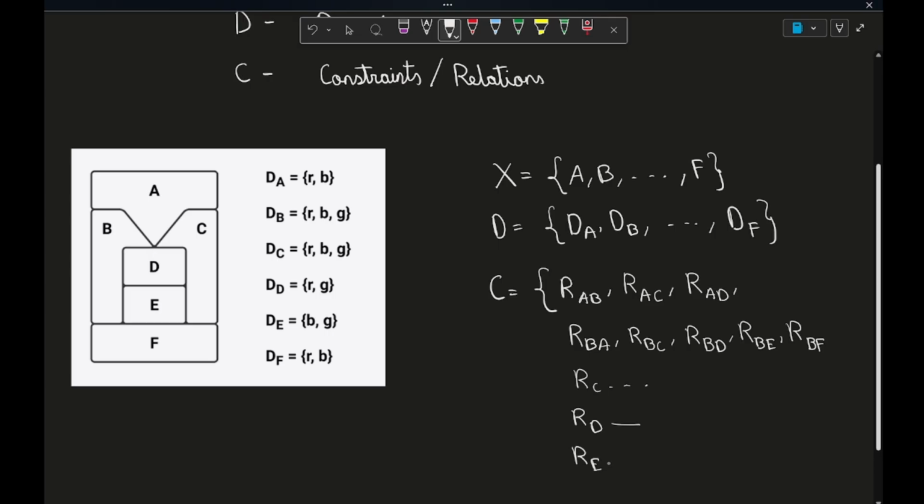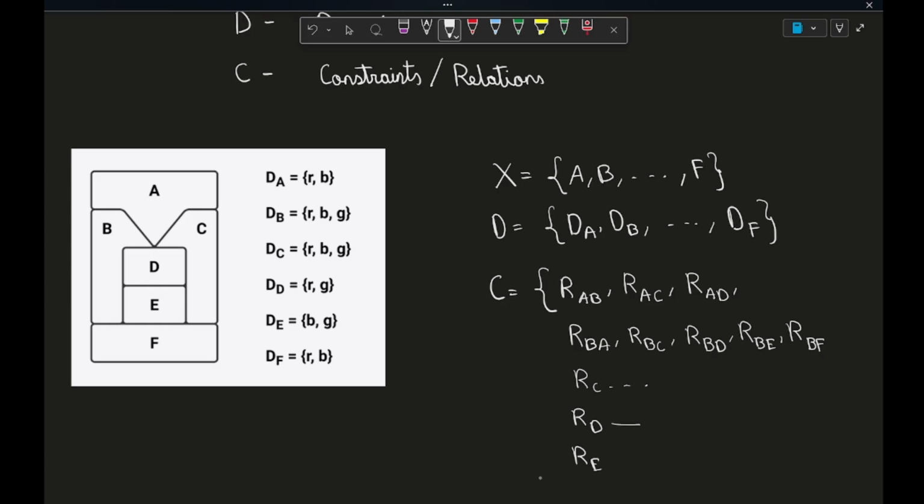RE would be with B, C, E, F, because E has four different neighbors, B, D, C, and F. So those would be the four relations I think. And for F, it will be just B, E, and C, right? So that's the assumption that these would be the different kinds of relationships.